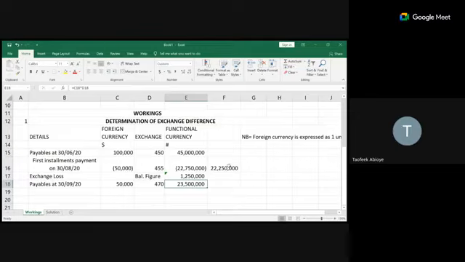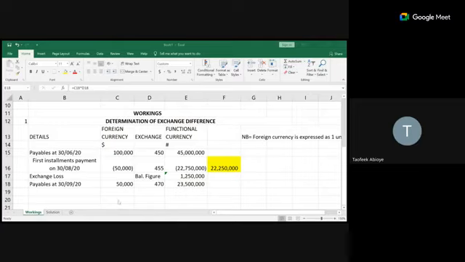So this minus this will give you your exchange loss. You need to find a paper to calculate this one. The difference between this and this will give you your exchange loss. So we have determined our exchange loss.